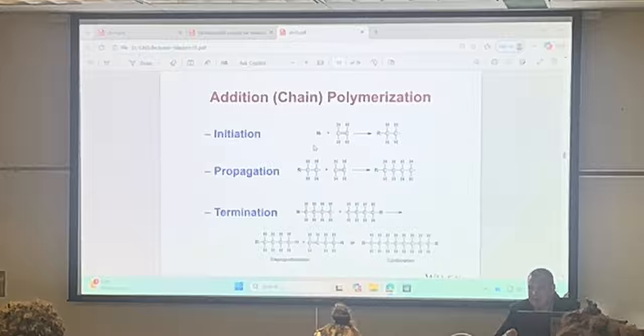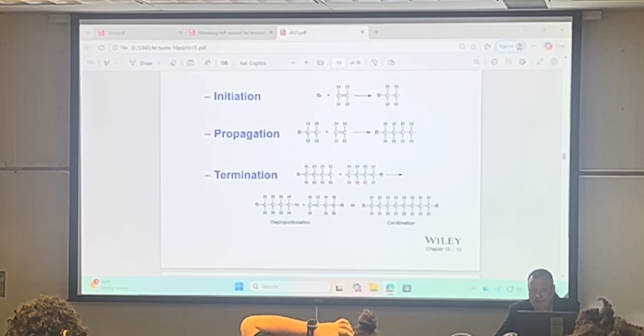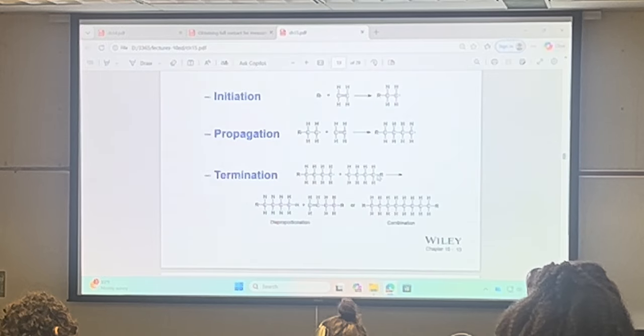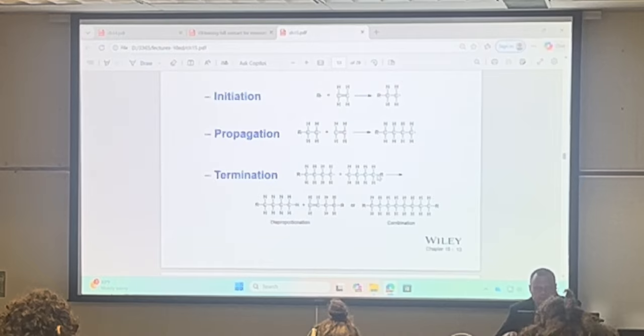We start with a free radical, then we add the mer, and then we can propagate this chain, making the spaghetti longer, until it is terminated. How is it terminated? Well, by another free radical. Who controls that? A process engineer, which is you.